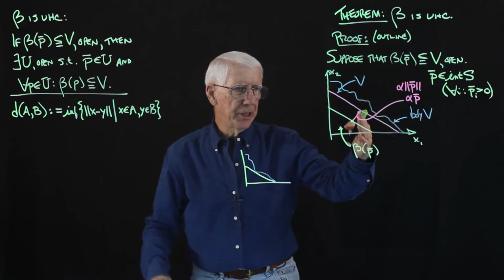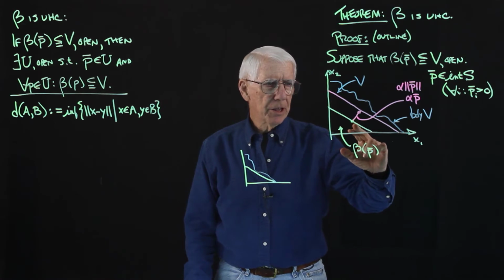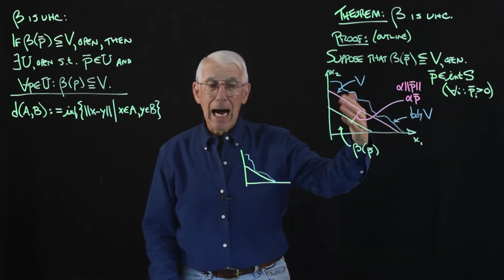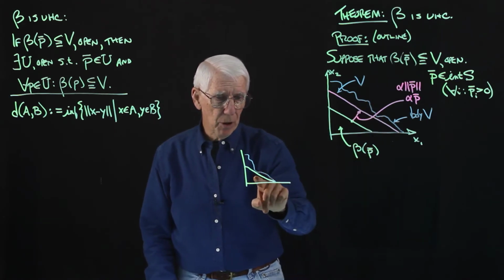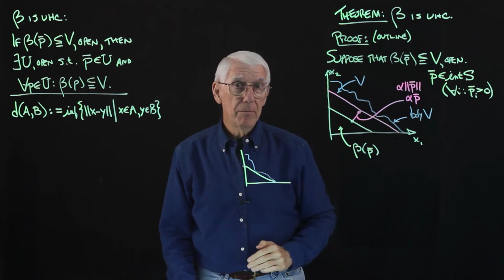What we're saying here is that apparently the distance between the budget constraint and the boundary of V is positive. They're positive distance apart. It doesn't look like this, and that's what allows us to draw this pink line.